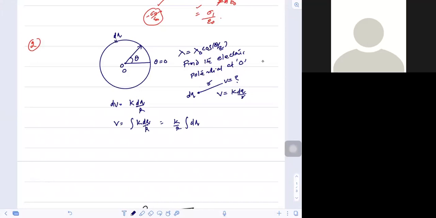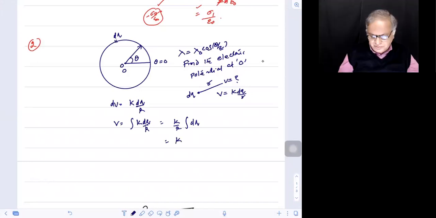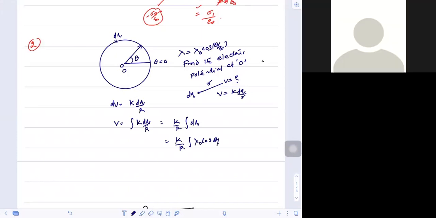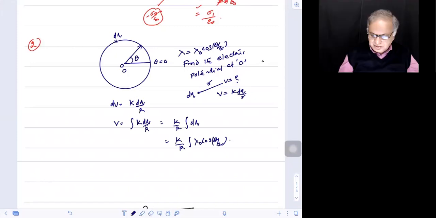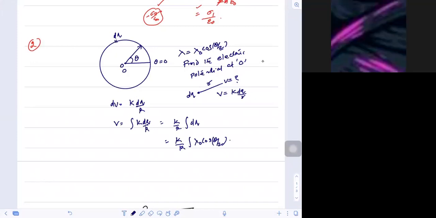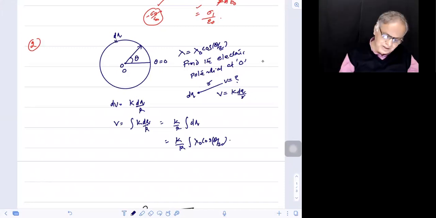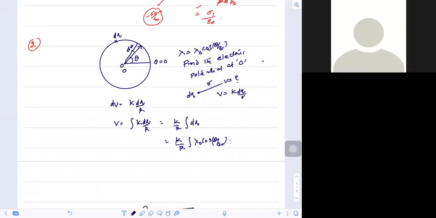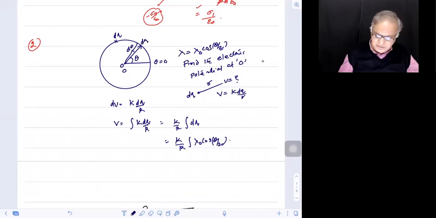So what is the integral of dq? Lambda 0 cos theta by 2 into what? If this is theta, and I take a little more here, d theta, dq will be how much? R d theta.